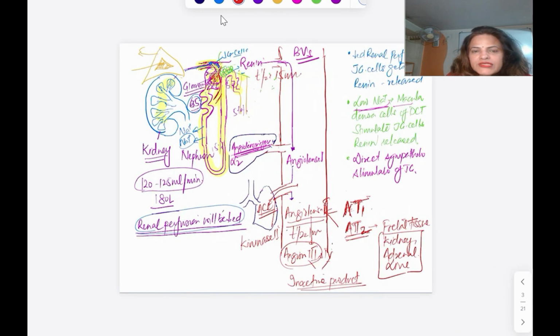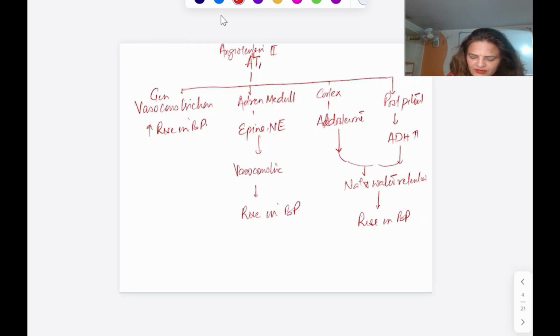Now just like a hormone, there is a feedback mechanism. Once renin is released, what are the mechanisms which inhibit the release of renin? There is a short-term negative feedback and a long-loop or long-term negative feedback mechanism by which renin release is inhibited. Long-term is whenever there is a rise in blood pressure, all these three are going to decrease the release of renin.